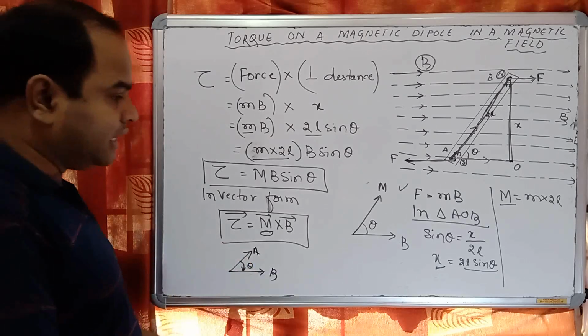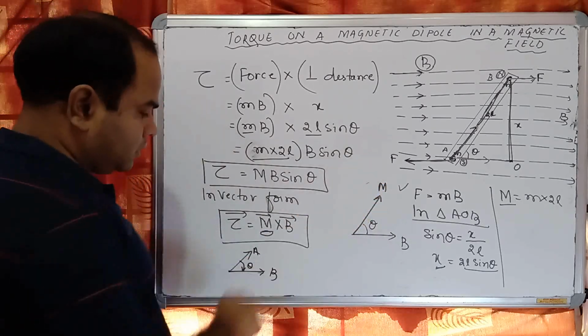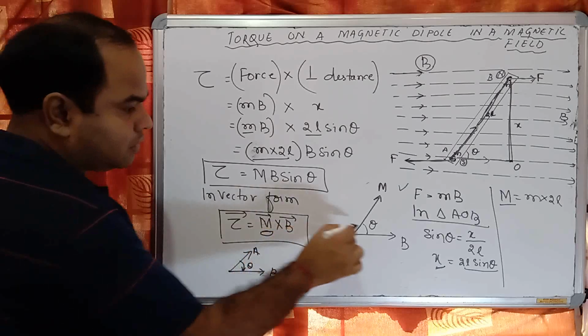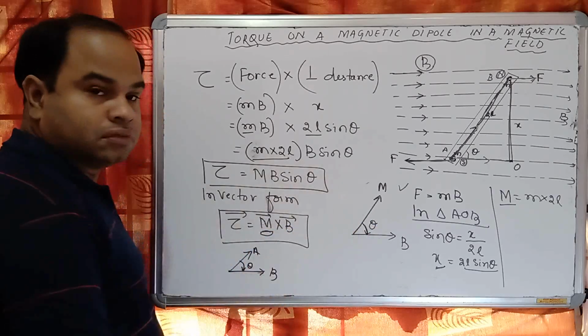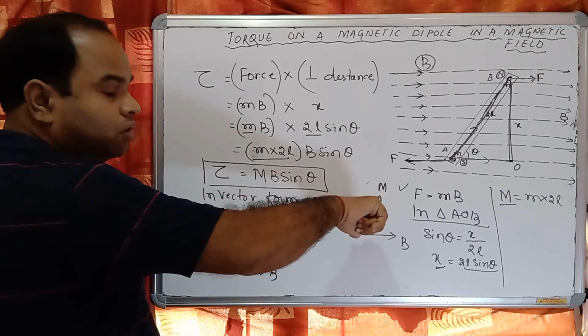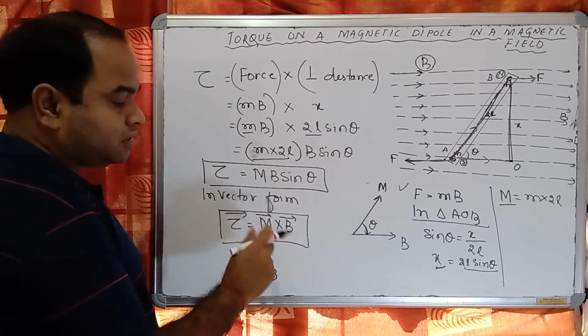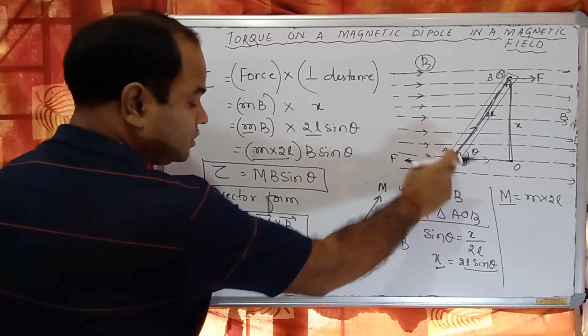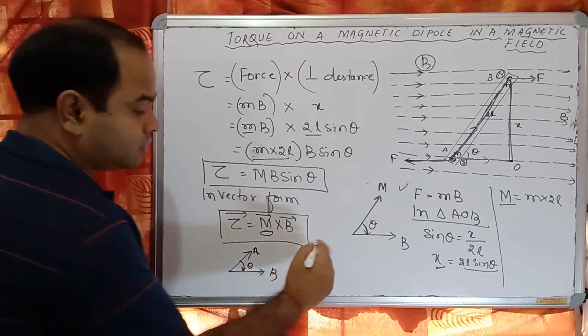So here we rotate from M to B, and the direction will be inward. That means in this case the direction of torque is inward.